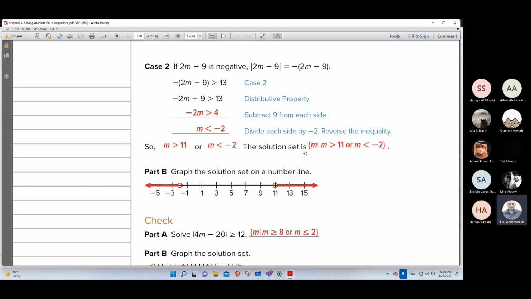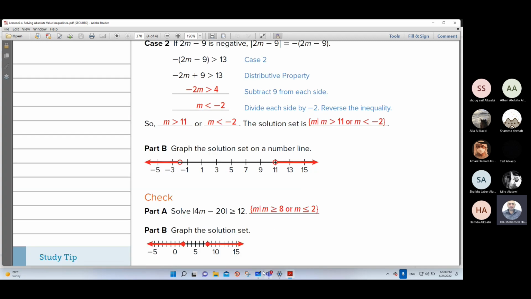So the solution set is m such that m greater than 11 or m less than minus 2. And this is the graph. This is m less than minus 2. And this is m greater than 11.